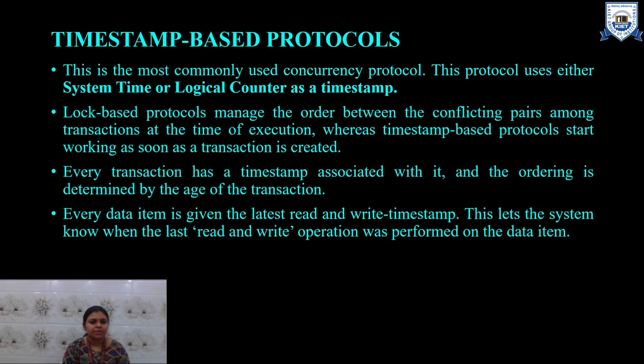Whereas timestamp-based protocols start working as soon as a transaction is created. Every transaction has a timestamp associated with it, and the ordering is determined by the age of the transaction. Every data item is also given the latest read and write timestamp. This lets the system know when the last read and write operation were performed on the data item.